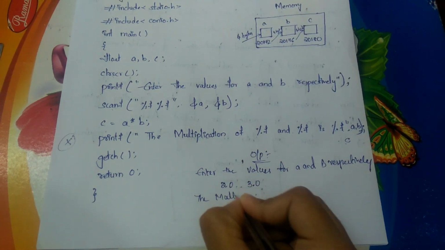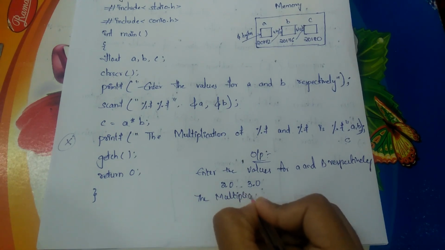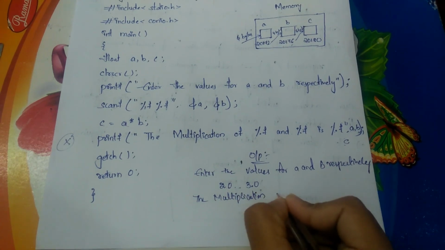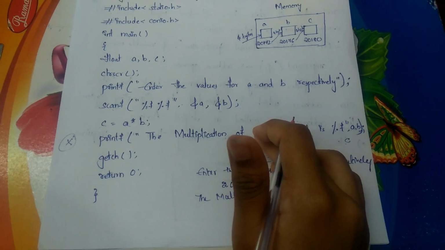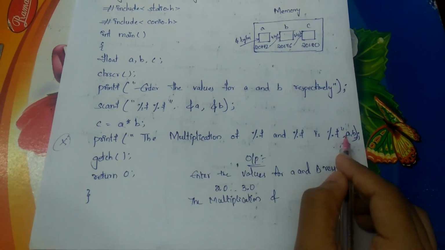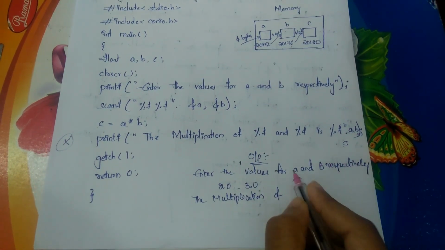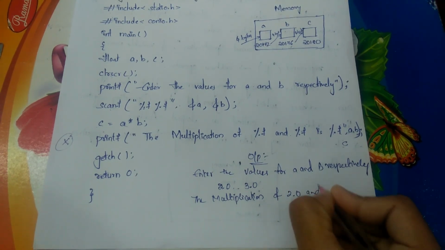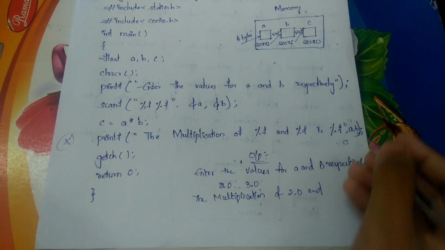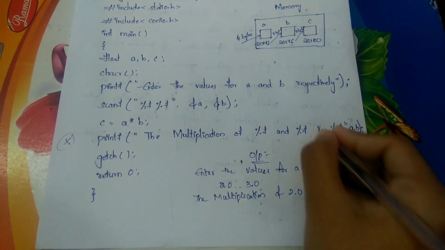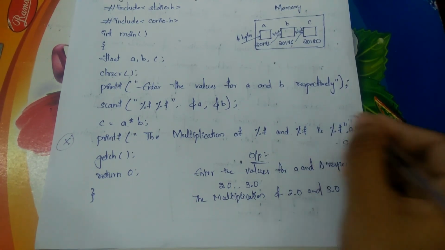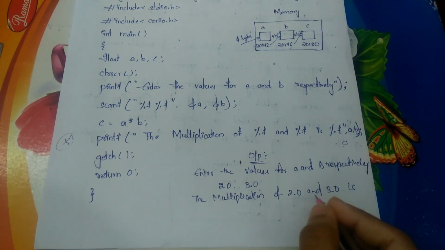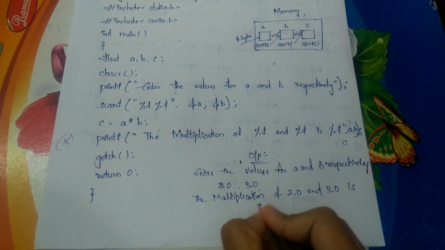The multiplication of %f: the first %f is for A, so the A value I gave as 2.0, and the second %f is for B, that is 3.0, is %f. So finally we get 6.0.